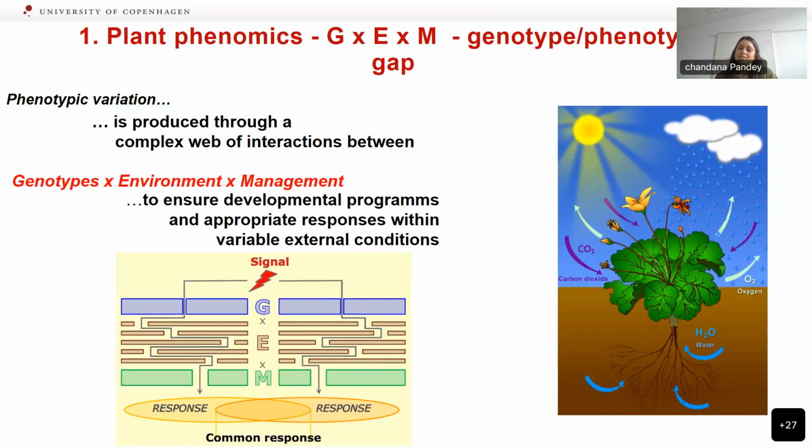But there is still a knowledge gap in how the physiological response is happening inside the plant, or also outside, in response to the environment. So that is the major goal of our lab, where we investigate the different physiological responses and try to connect these physiological responses at the phenotype level or at the genotype level.